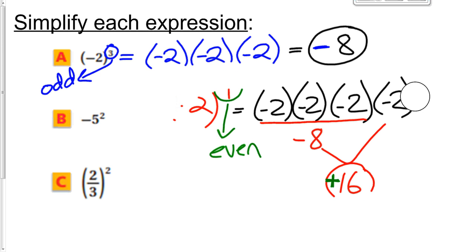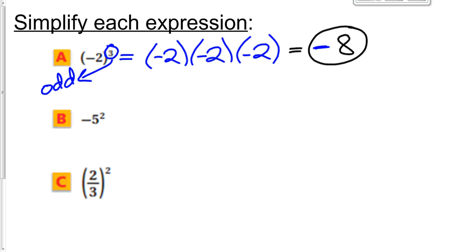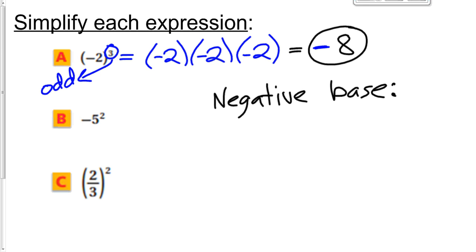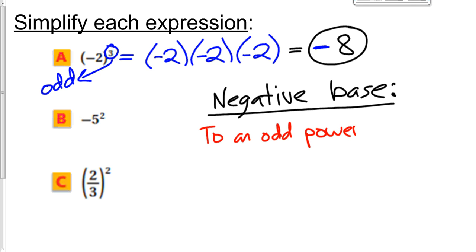All right, so I can actually write this out. A negative base to an odd power will be negative.